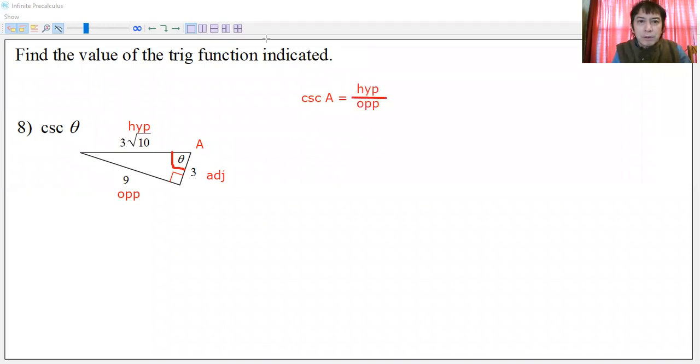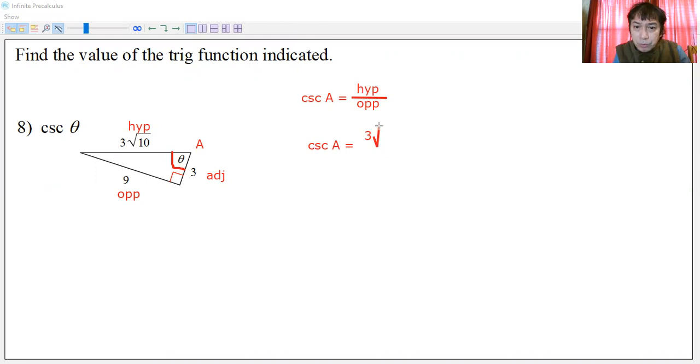And so this will be cosecant of angle A is equal to hypotenuse, and that is 3 square root of 10. So hypotenuse is 3 and then square root of 10. Let me put a square root there. Let me do it manually.